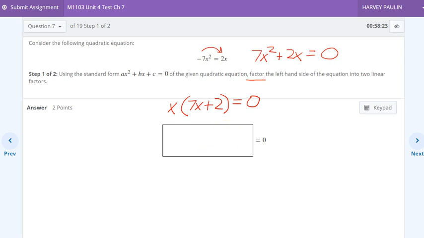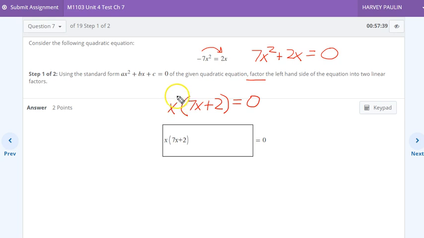And that's what they want here. So 7 times 7x plus 2 equals 0. Now they'll probably ask us to solve this as well.